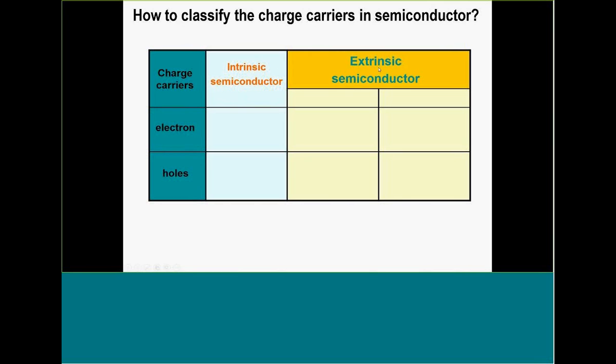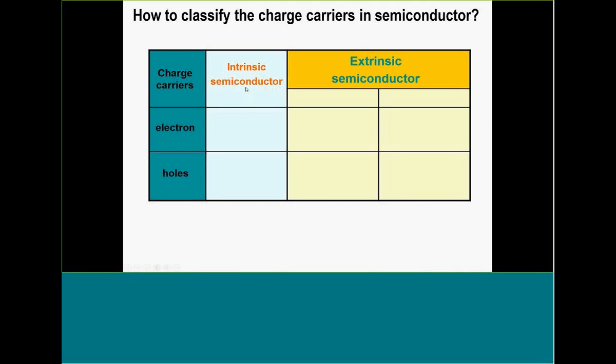And what are extrinsic semiconductors? Intrinsic semiconductors are pure semiconductors without any defect. Whereas extrinsic semiconductors are semiconductors that have been doped. Remember, how is a semiconductor doped? Doping occurs when another element replaces the lattice site of the host atom, but there can also be an extra electron or extra hole, isn't it?